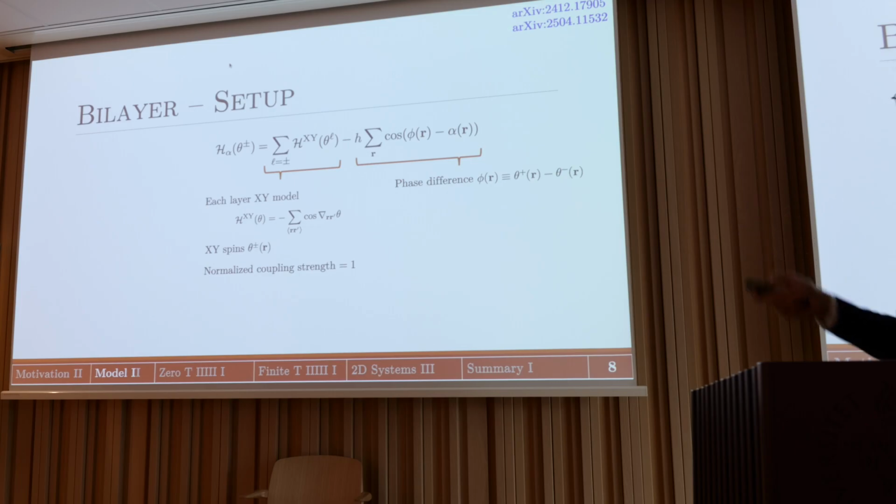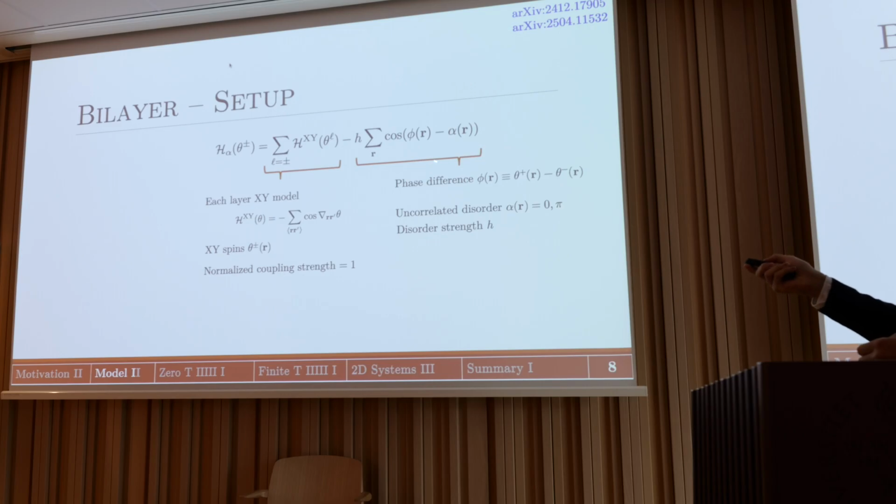My disorder term is basically an interlayer interaction that only depends on the phase difference of the two layers. Alpha is going to be the random phase given by disorder that is uncorrelated from site to site and can be 0 or pi on each site. And then, of course, H is going to be my disorder strength.